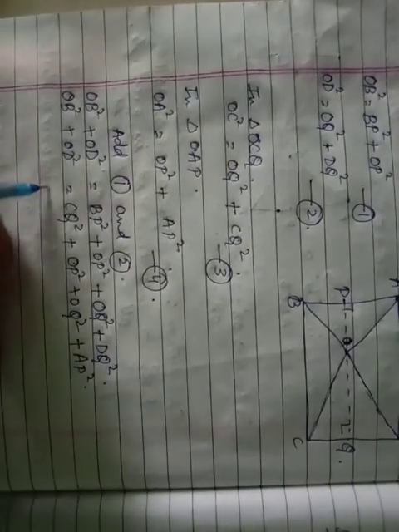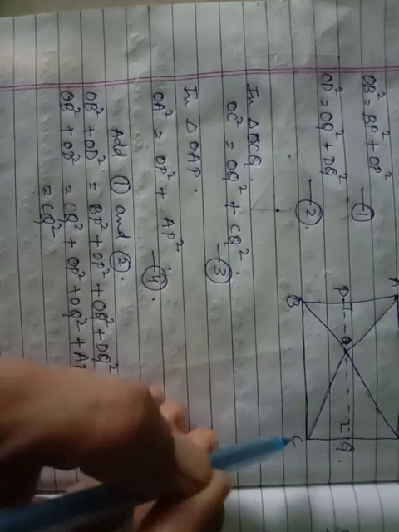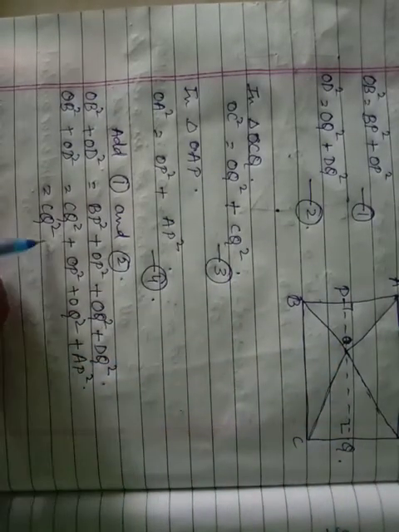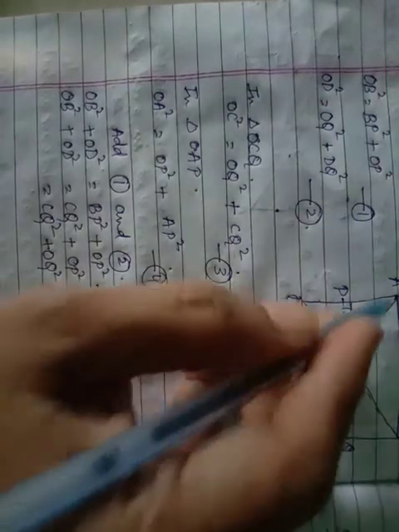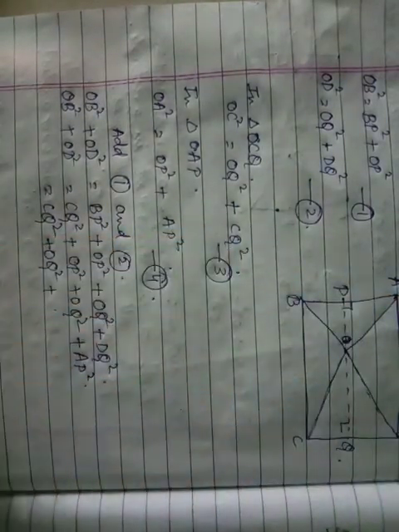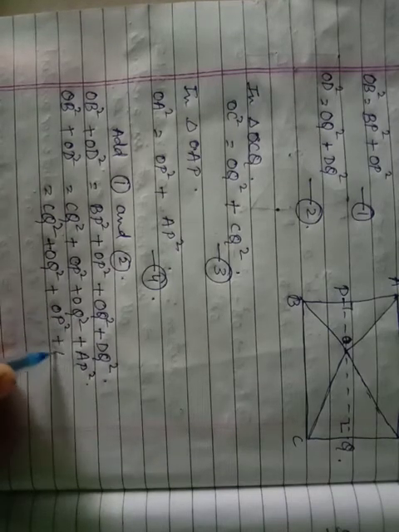Now CQ square plus OQ square is OC square. So let us write it together. And AP square plus OP square is OA square. So write OP square plus AP square.